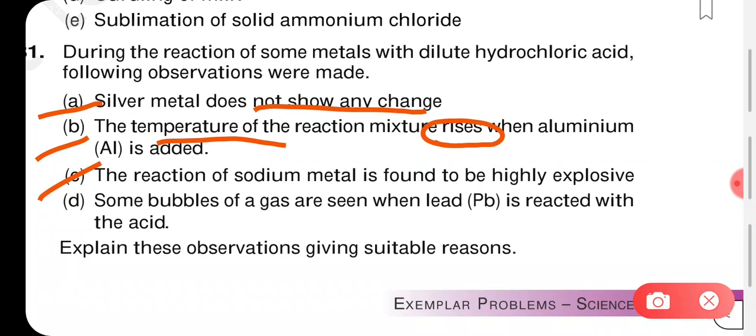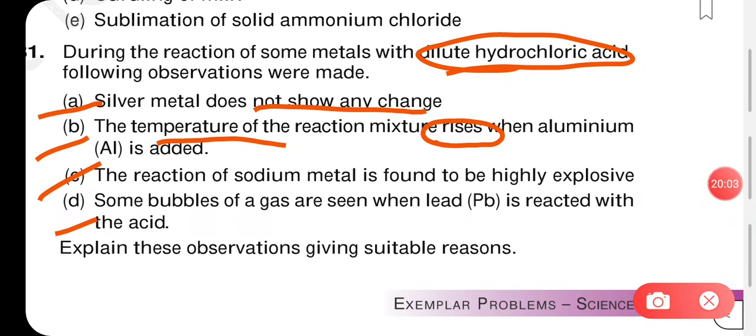Moving on to the next one: some bubbles of a gas are seen when lead is reacted with the acid. In this case it is already given that the acid is hydrochloric acid. Our metal is lead.